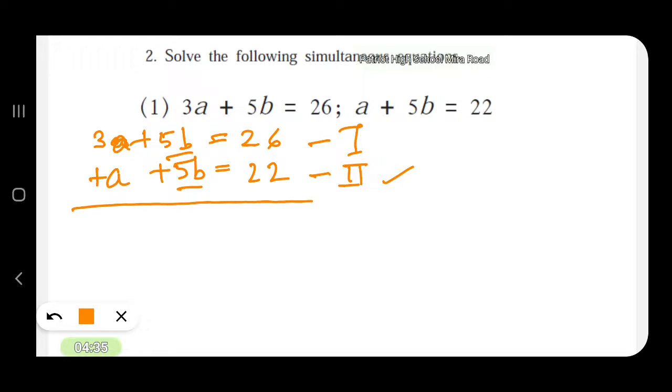Now we are going to change the sign of the second equation throughout. So every quantity will become minus. All plus quantities will become minus and minus quantities will become plus, because we are subtracting equation 2 from equation 1. Therefore changing the signs, plus will become minus, plus will become minus, plus here will become minus.